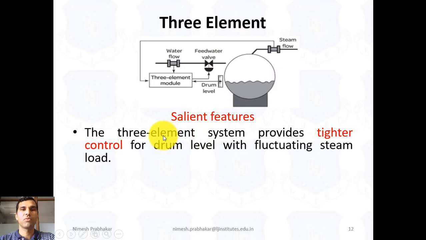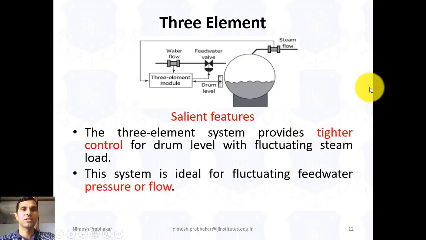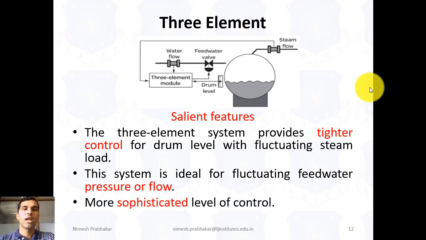So that's why the word tighter control is used. The second feature is that this system is ideal for fluctuating feed water pressure or flow. Then a more sophisticated level of control, that means as compared to 2-element and single element control, here a more sophisticated level of control is used. So this is the 3-element control system.